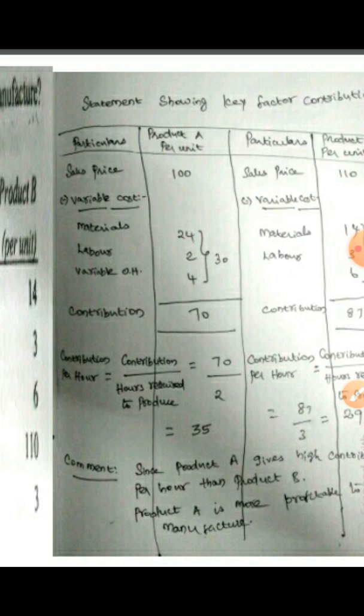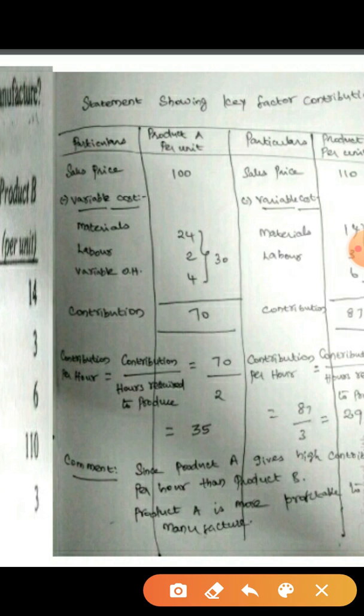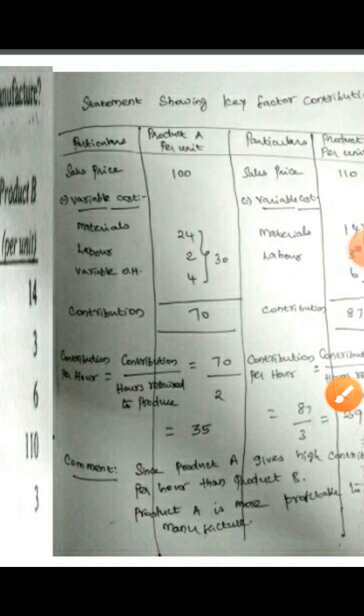That will be our denominator, so contribution divided by hours required to produce is 70 divided by 2 for product A, which gives 35, and for product B we get 29. So we have found the contribution per hour. At the start of the question I told you that you have to give an end result, because you have been asked which product is profitable to manufacture.